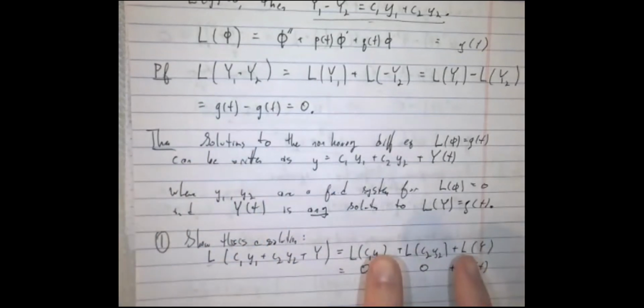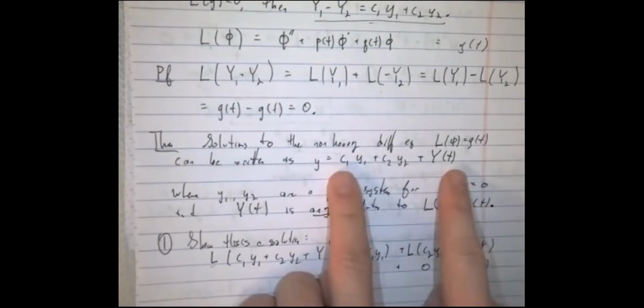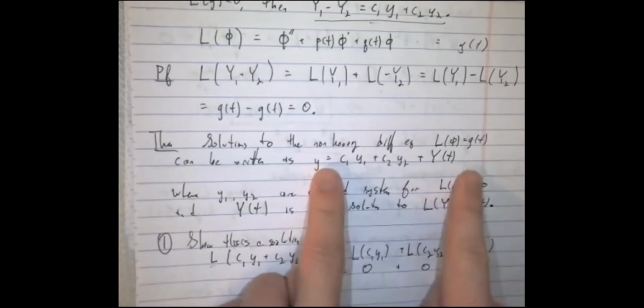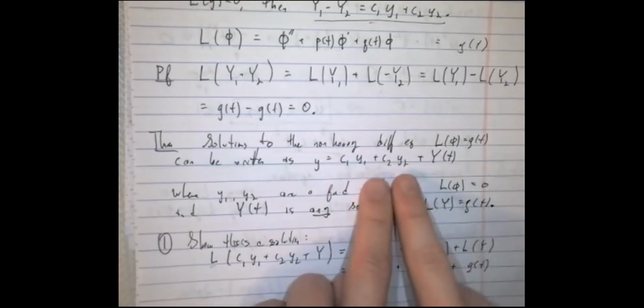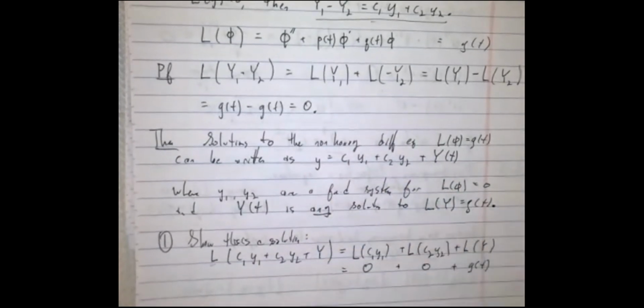All solutions to this differential equation, L of y is equal to G of t, can be written in this form. We want to show that this is a parameterization of the general family of solutions to L of y is equal to G of t. Okay?